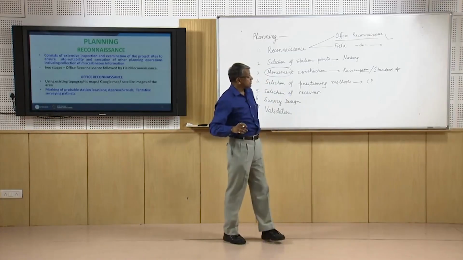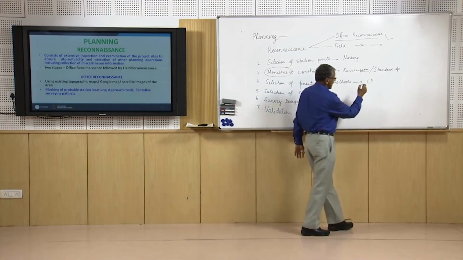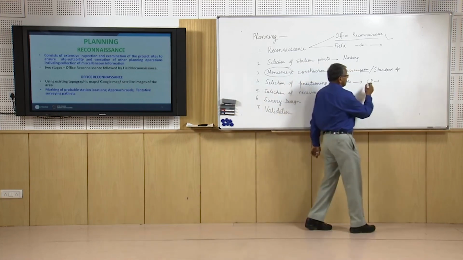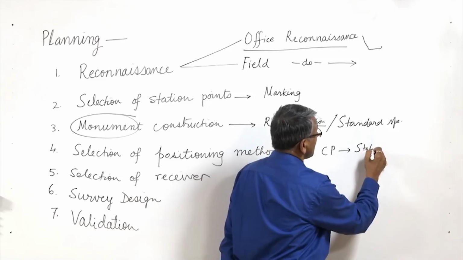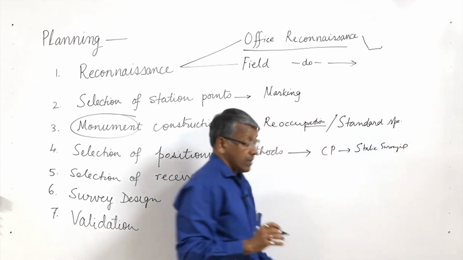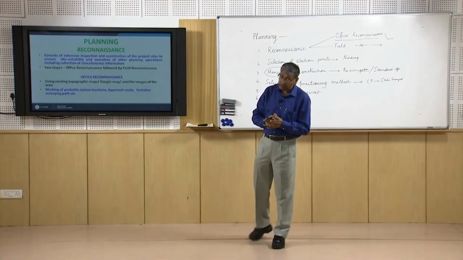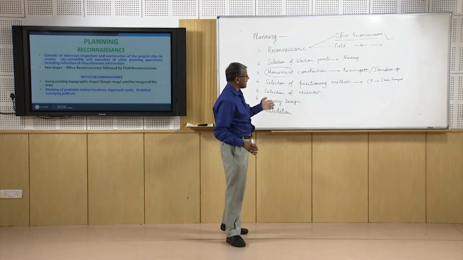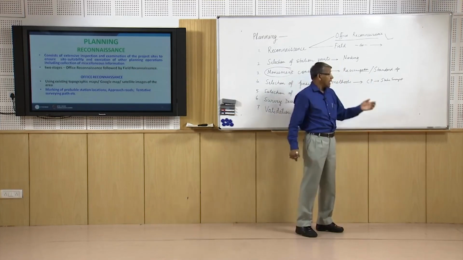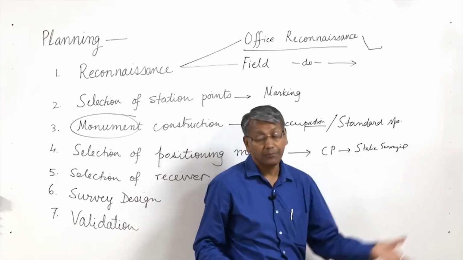If we want to establish control points, depending upon the order of control point, we should go for static surveying, relative static, if we have the control point already available. But if a control point is not available, then we should go for autonomous static control point establishment, and in that case we have to go for longer observation duration.